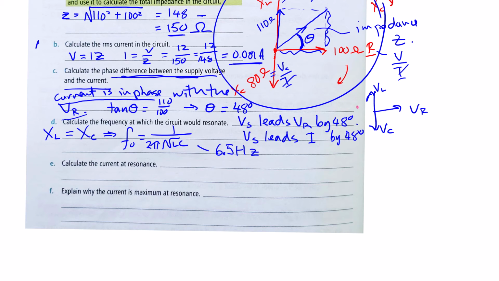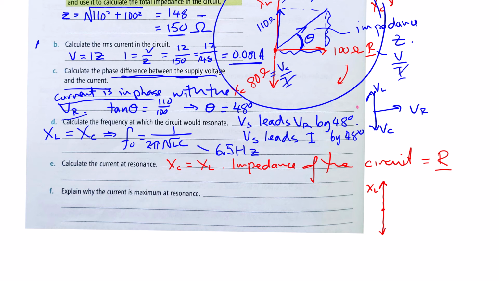Okay, calculate the current at resonance. Because XC equals XL, the impedance of the circuit equals the resistance R. Because remember, if we have our phasor diagram, and we've got XL up here and XC down here, and resistance here, when XL equals XC, they cancel one another out, and we're simply left with the impedance equals the resistance.